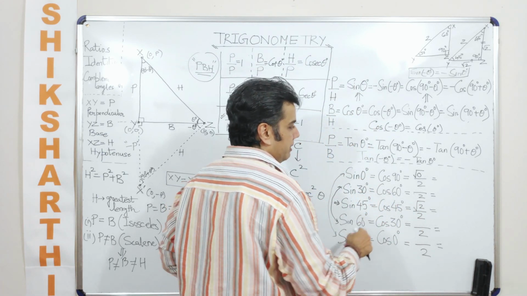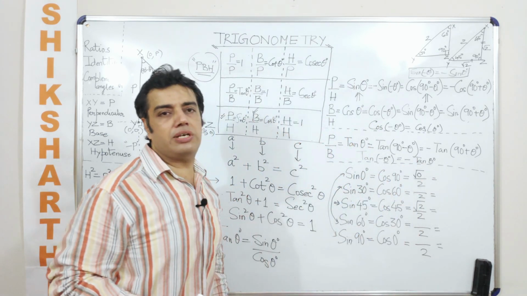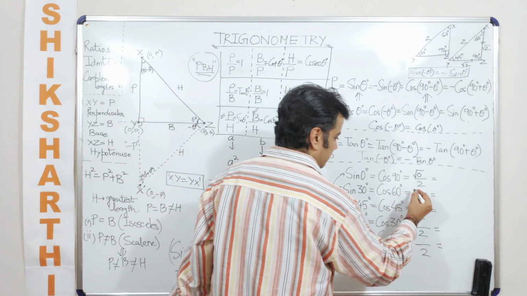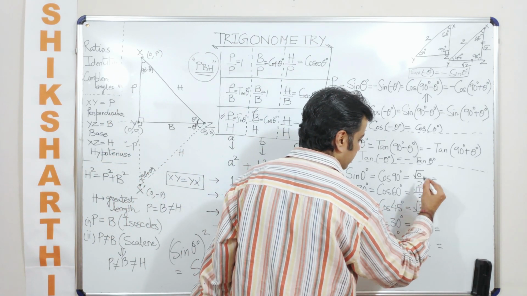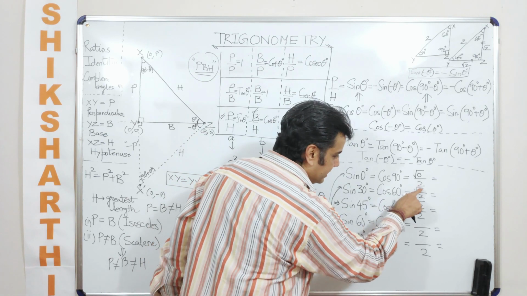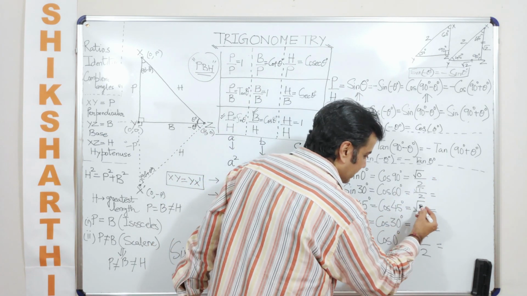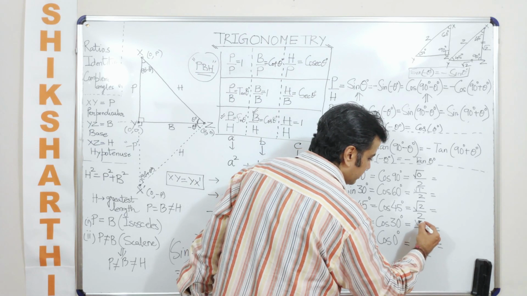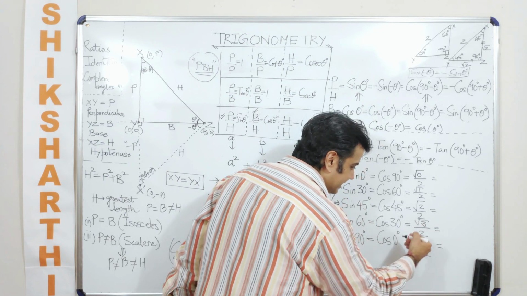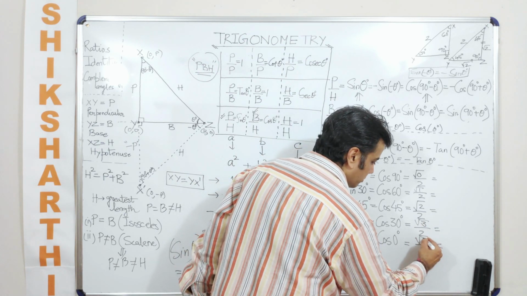So the point that I am trying to make here is, what is the next integer that comes after 0? 1. Let's put it as under root of 1. The next integer that comes after 1 is 2. Just keep it as under root of 2. The next integer that comes after 2 is 3. The next integer that comes after 3 is 4.